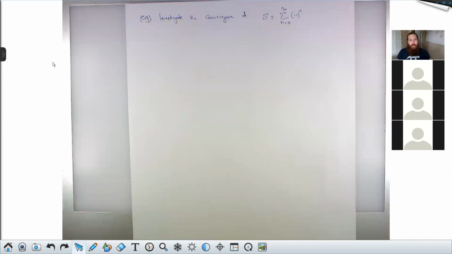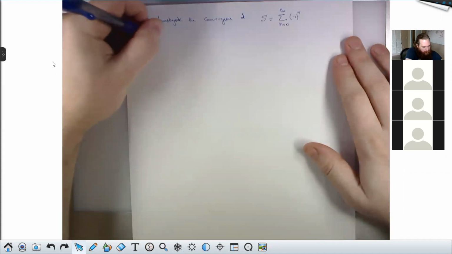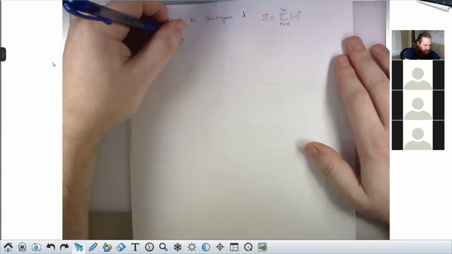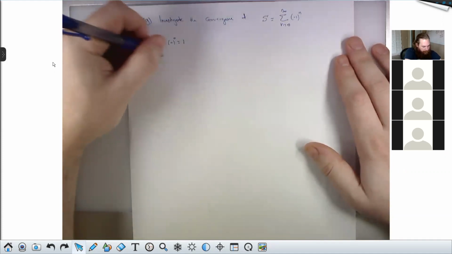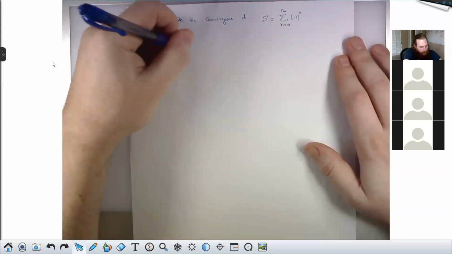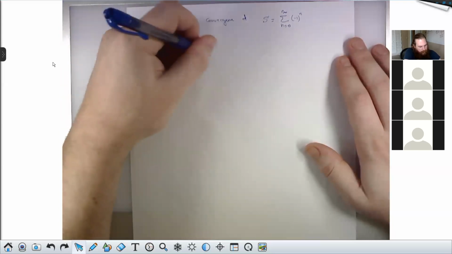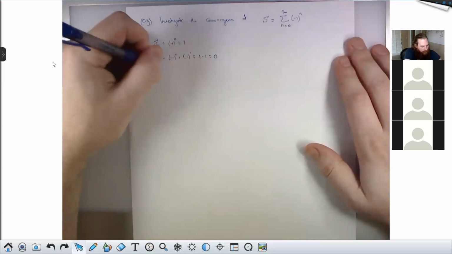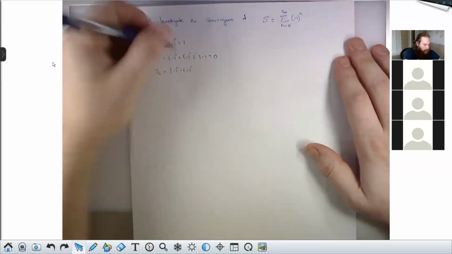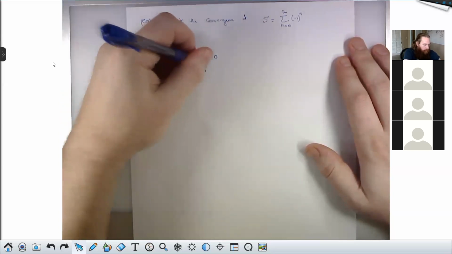There are 3 different ways we could attack this. We can jump in barehanded with the sequence of partial sums. S0 is 1. S1 is (-1) to the 0 plus (-1) to the 1, which is 1 minus 1, which is 0. S2 is (-1) to the 0 plus (-1) to the 1 plus (-1) to the 2.